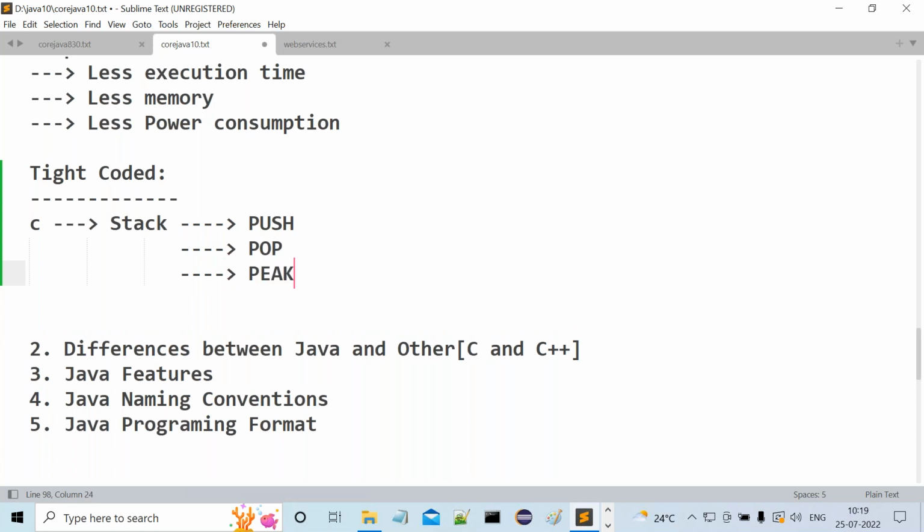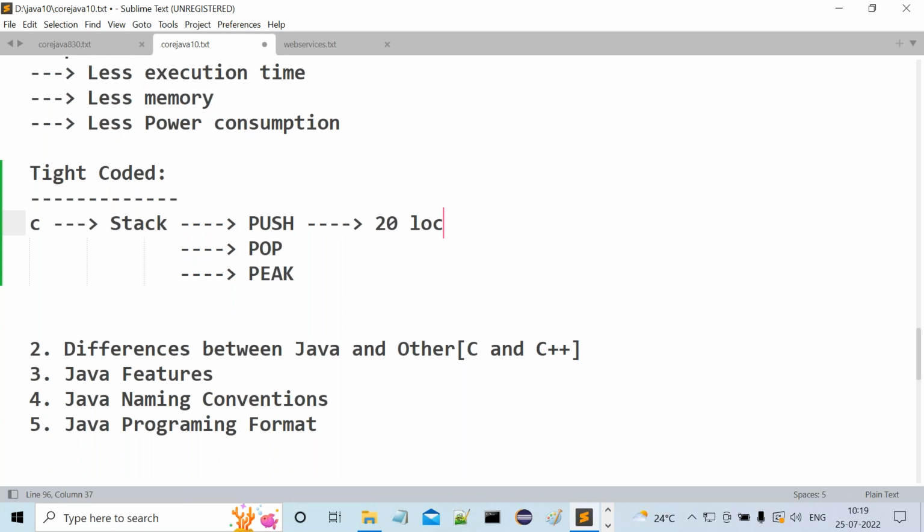Right. Now, in C programming language, to perform push operation, nearly 20 instructions we have to write. 20 lines of code we have to write. If you want to write code for push operation in C programming language, how many lines of code do we have to write there? 20 lines of code.